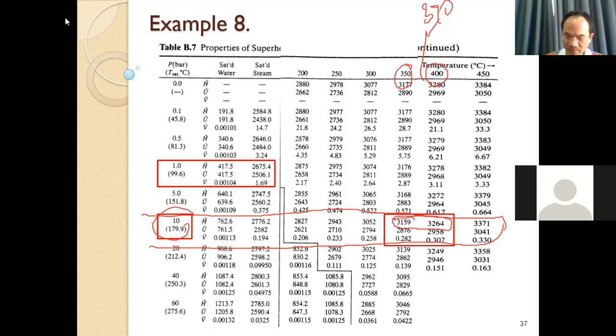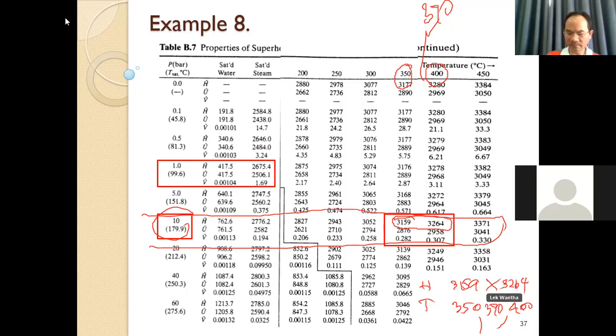For this case, the enthalpies are 3159 and 3264, and the temperatures are 350 and 400.